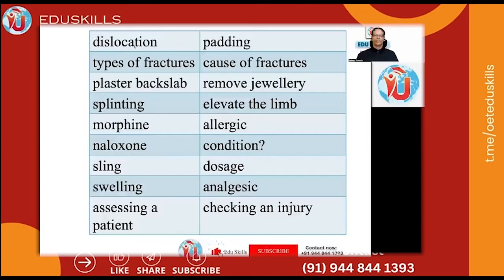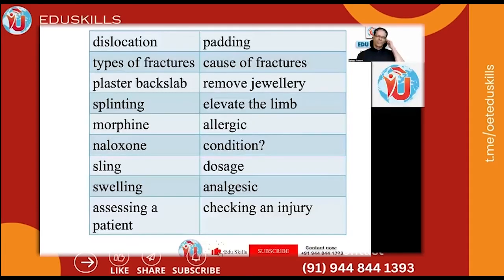Now, where does this come? Dislocation, classification. Types of fractures, classification. Plaster, backslab, procedure. Splinting, procedure. Morphine, treatment. Naloxone, treatment. Sling, procedure.